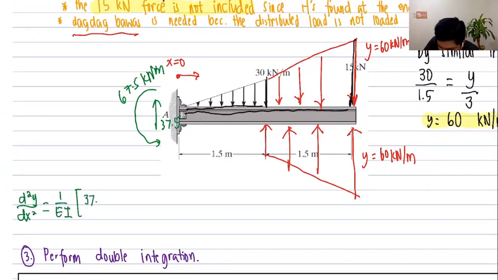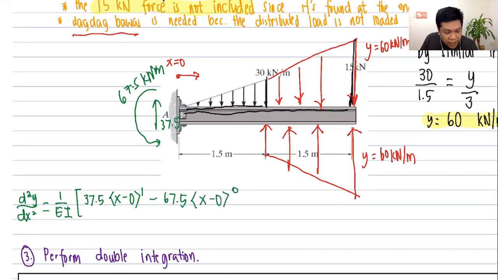That's 37.5 times x minus 0 because it's located at the origin, raised to 1. Next, how about the moment reaction? I have a counterclockwise moment reaction. So going back to our previous lecture, that counterclockwise moment reaction will be negative 67.5 times x minus 0 raised to 0.